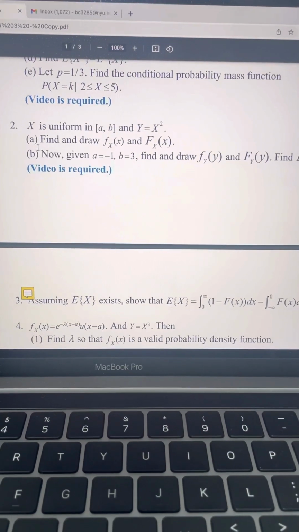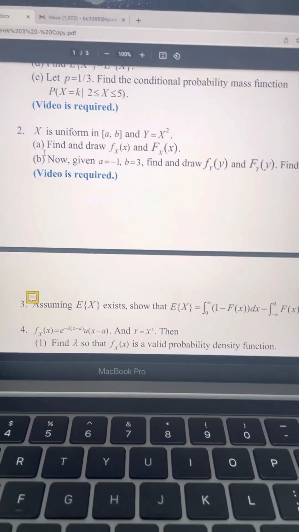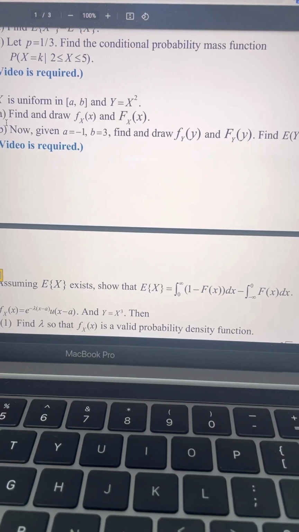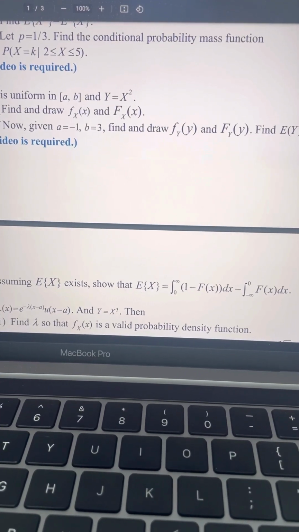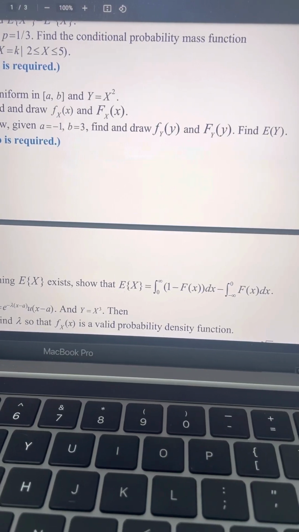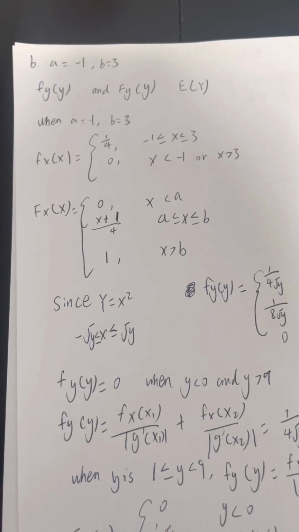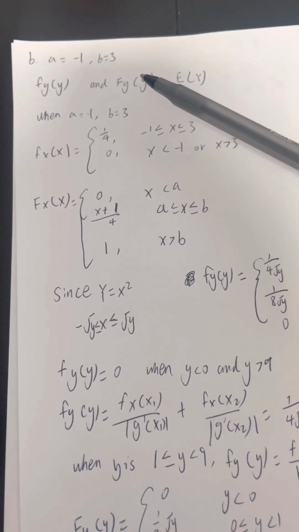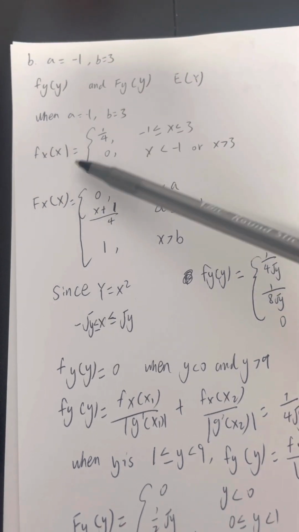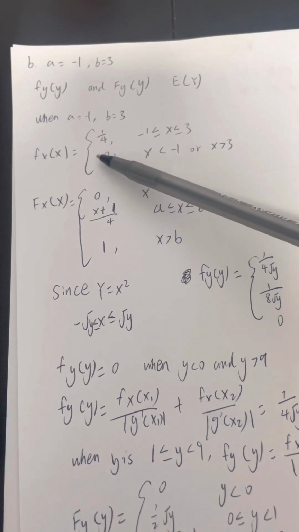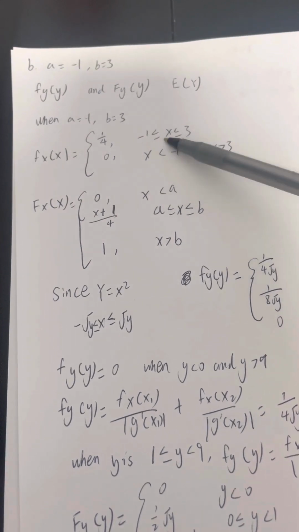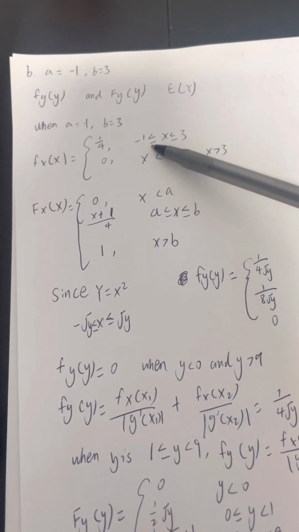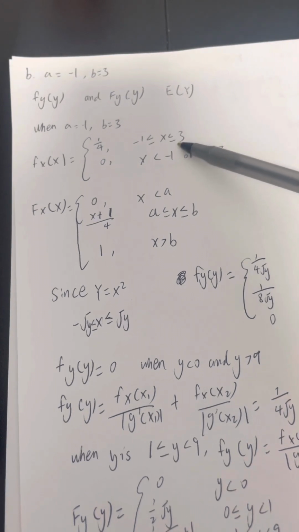So, part B, it says given that a is equal to -1 and b is equal to 3, find and draw f_Y(y) and F_Y(y) and find E[Y]. So on this part, when a is equal to -1 and b is equal to 3, we can get f_X(x) is equal to 1 over 4 when x is greater than or equal to -1 and smaller than or equal to 3.